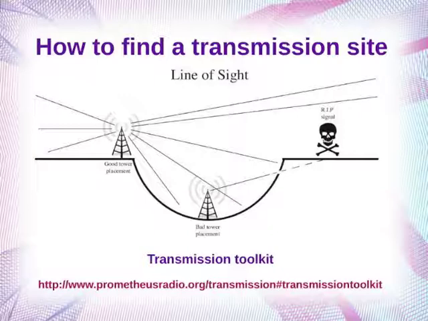But we're not going to go into too much depth there because what's really going to be covered in this session is how to fill out the application with the information, assuming you already have a transmission site.